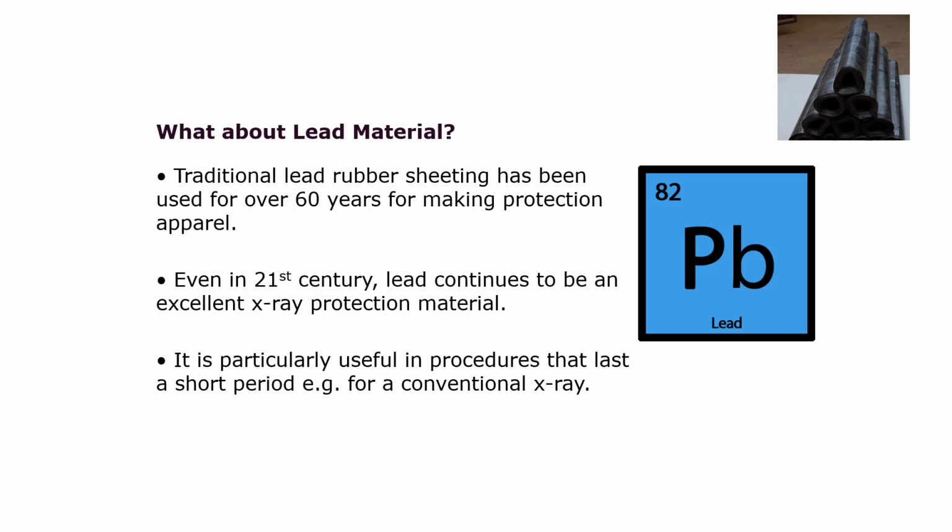So I would only wear the shielding infrequently. Conversely, when I'm doing interventional fluoroscopy, all of my patients are going to be emitting radiation and all of my patients are going to have long exposures.